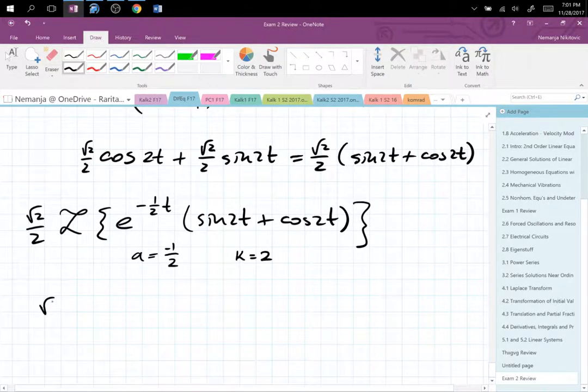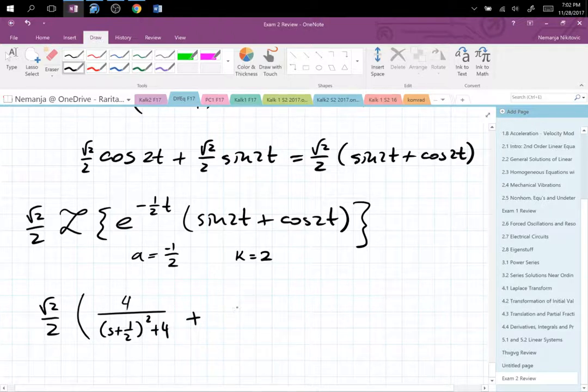So now you have root 2 over 2 in front, and the Laplace transform of sine 2t, which is k over, so that will be 4 over s plus 1/2 squared plus 4, and then plus s plus 1/2 over s plus 1/2 squared plus 4.